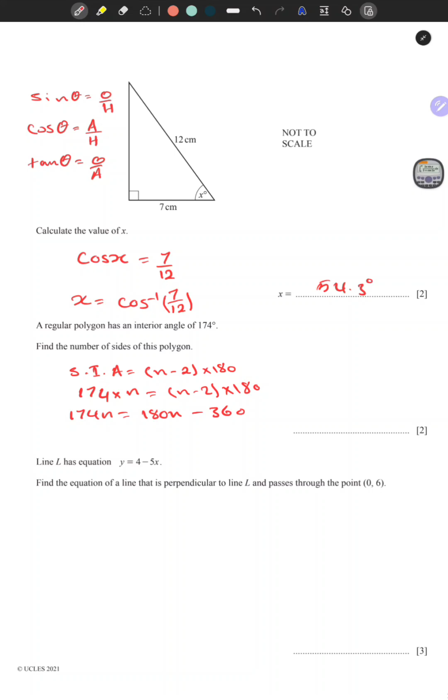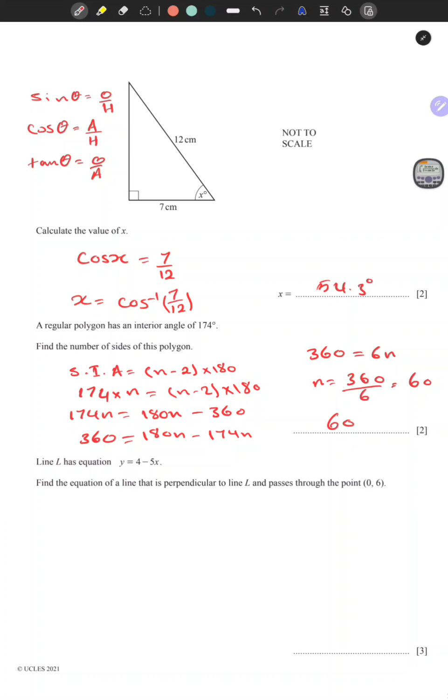So I will make n the subject of the formula here, so 360 equals 180n minus 174n. So 360 equals 6n. So n is equal to 360 over 6, which is equal to 60. So the polygon has 60 sides.